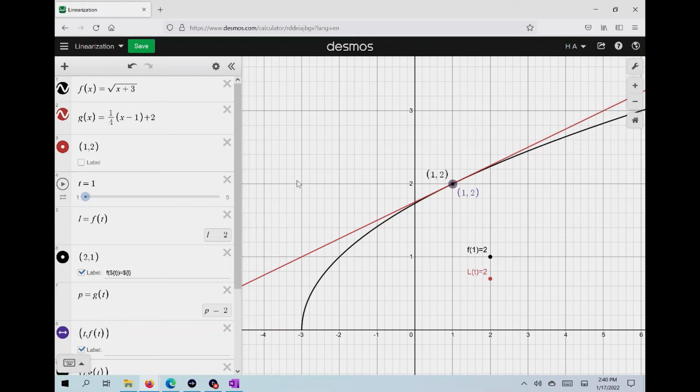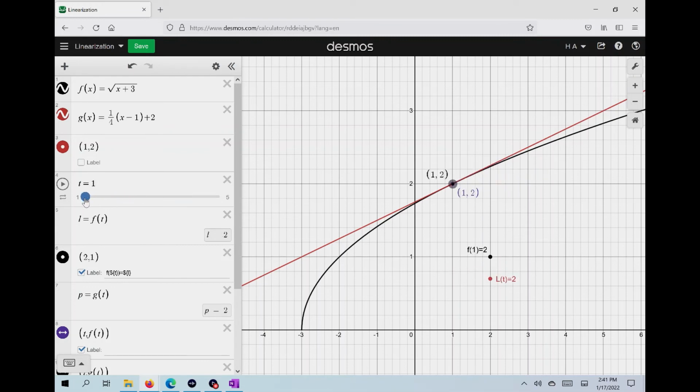I'm going to evaluate both functions at values close to 1, and their values are going to be listed right here. The black corresponds to the values of my function f of x, the square root of x plus 3. The red corresponds to the values of my line, 1/4 x minus 1. And as I take the slider and move it away, I'm evaluating it at different values of x close to 1.